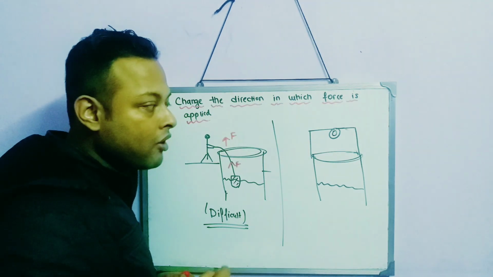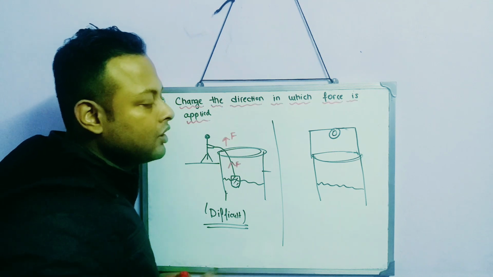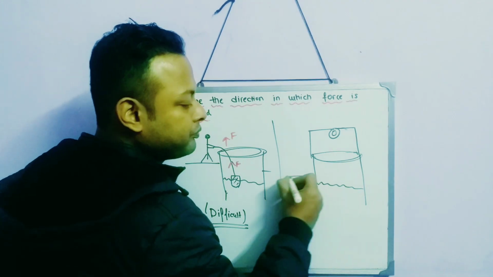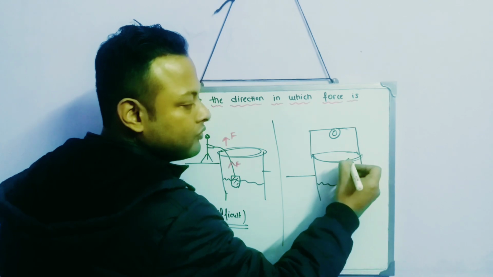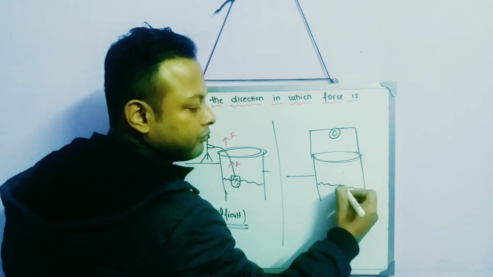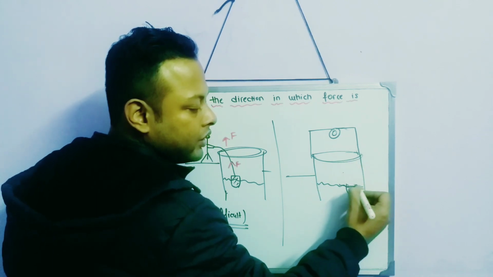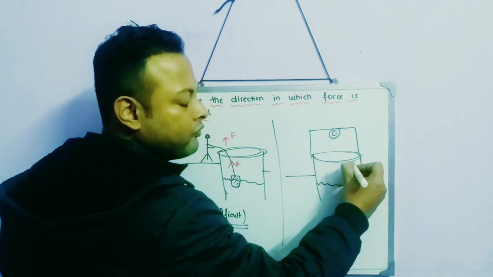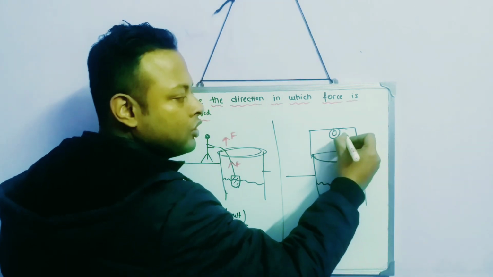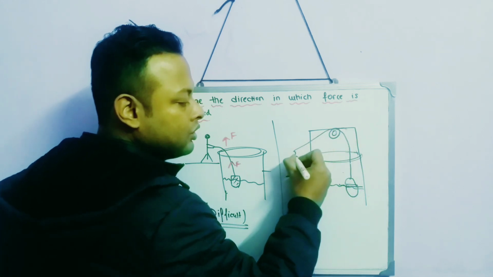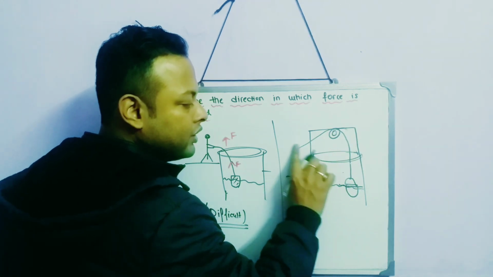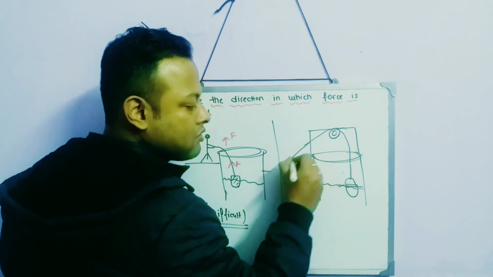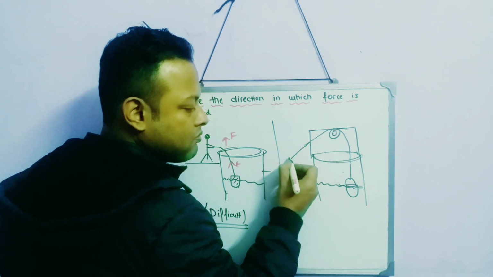So I'll use a pulley over here. Now the same person. Now this bucket is over here. This is the bucket, and the rope from the bucket is going through the pulley over here, and this is the person who is holding the rope.